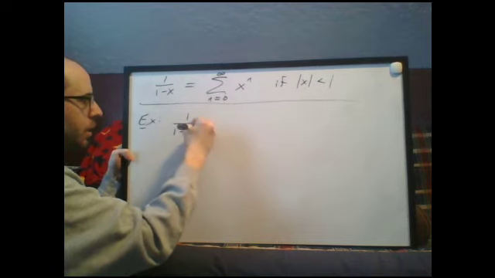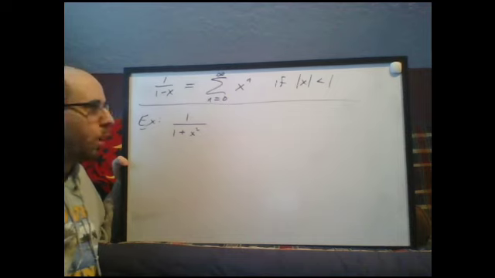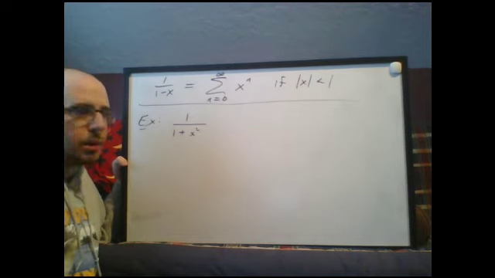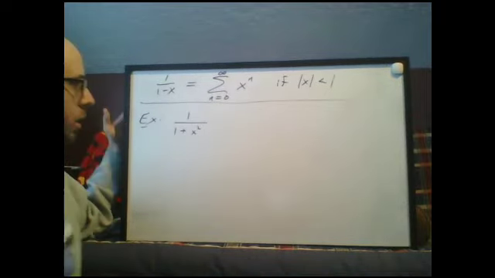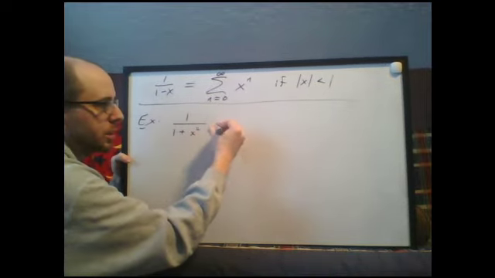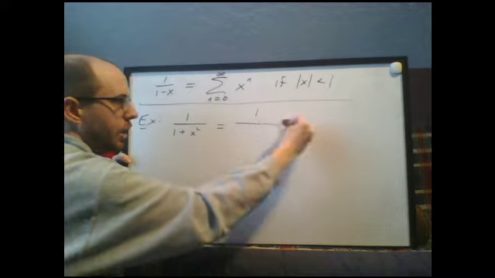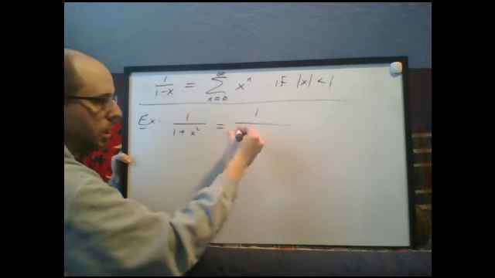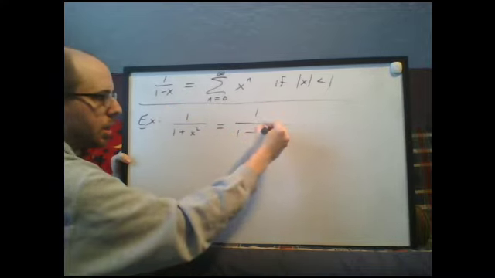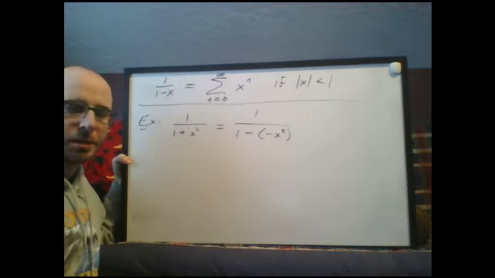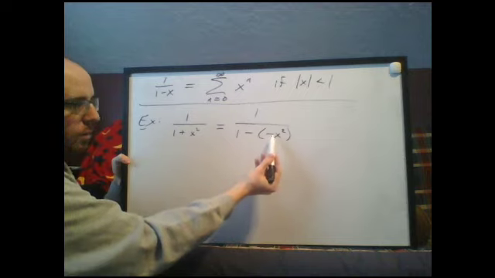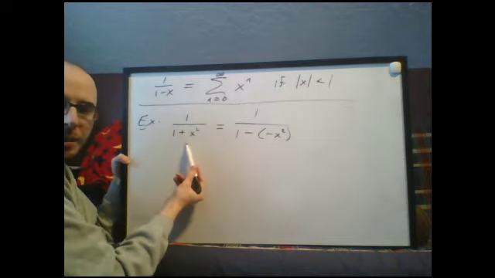suppose I had the function 1 over 1 plus x squared, and I want a power series representation for that. Well, as a function, this is the same thing as if I took this function and plugged in negative x squared in place of x. So minus x squared is just 1 plus x squared.